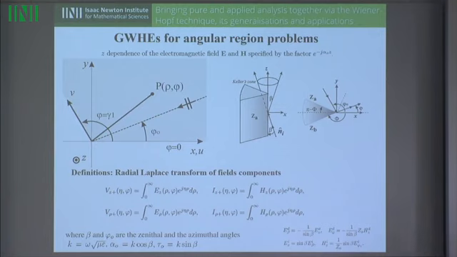This is an angular region defined by phi equals 0, phi equals gamma or gamma 1. Gamma will be gamma 1 in these first slides, then I will add the second region, so I will have also a gamma 2.